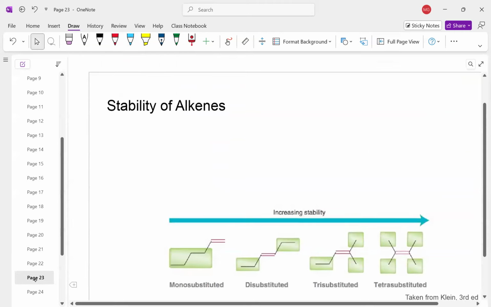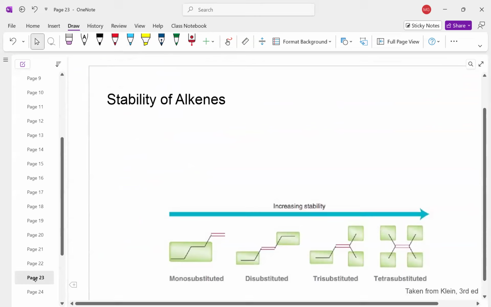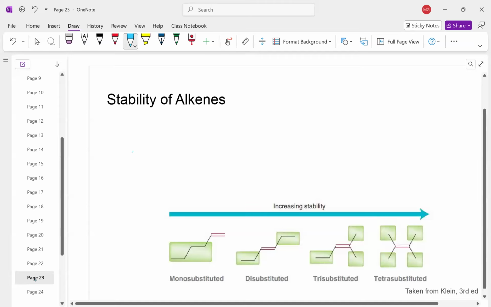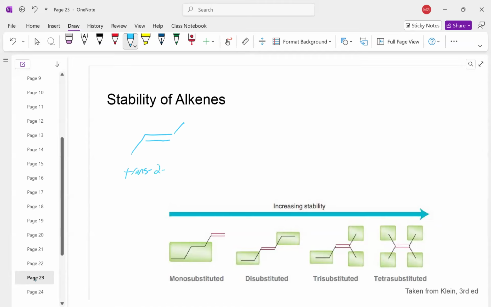The other side trail I want to go down is the relative stability of alkenes, because that's going to come up very quickly and affects the outcome of elimination reactions. If we are looking at stereoisomeric alkenes, now what do I mean by that? Let's compare trans-2-butene versus cis-2-butene.